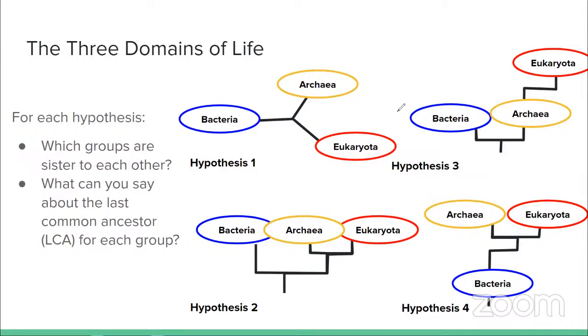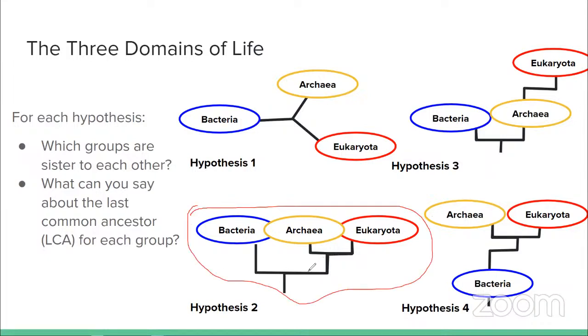You could also note that in hypothesis 3, this would be a different example of sister groups, right? So here we can see bacteria and archaea are actually sisters. The most commonly cited of these hypotheses, the current most popular one, with the best evidence for our arrangement, is hypothesis 2.